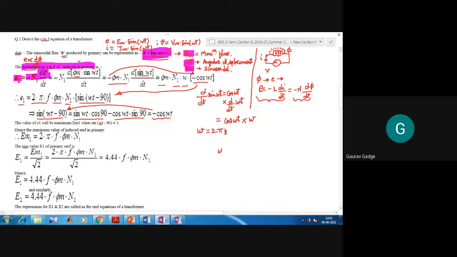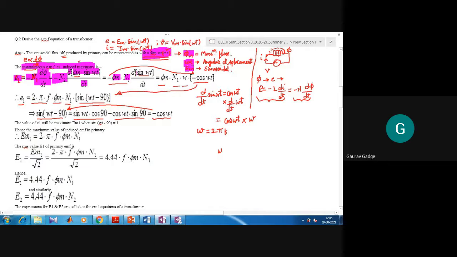Now minus n d phi by dt can be written as minus n1 as it is and d by dt of phi m sin of omega t. Now take phi m common from the expression. N1 is already there. So what do you get? D by dt of sin omega t.